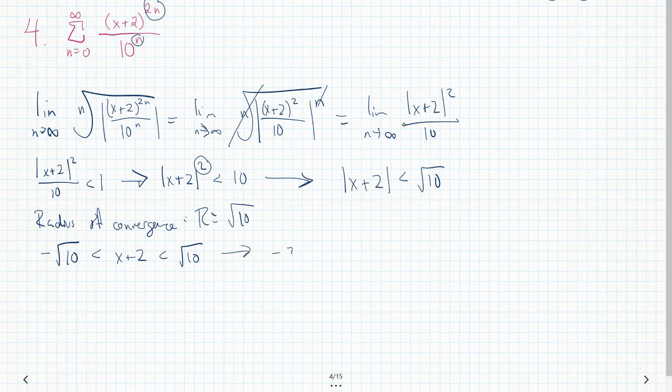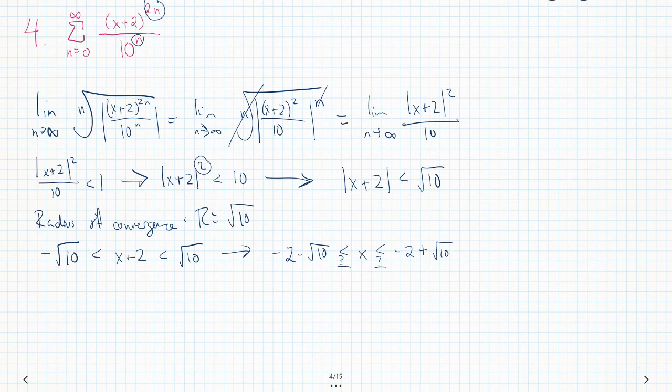So notice that gives us a range of -2 minus square root of 10 is less than x, and then it goes less than -2 plus square root of 10. There's a possibility for equal in either case. But hopefully we can start to see what's happening now.